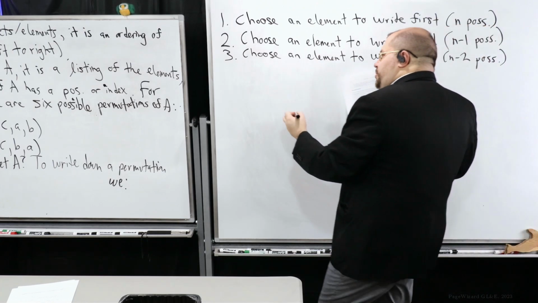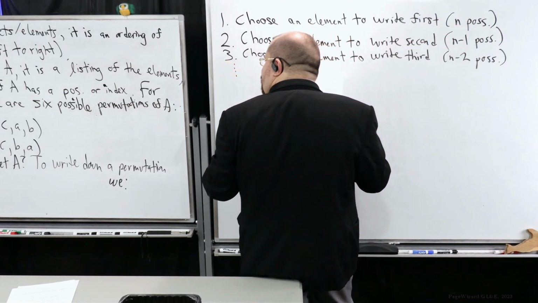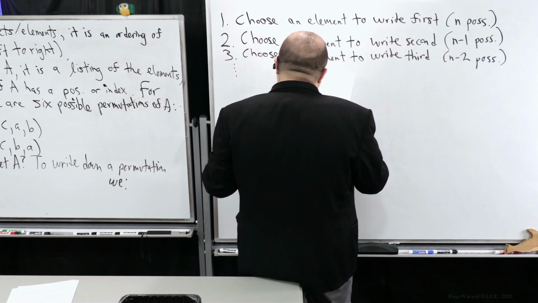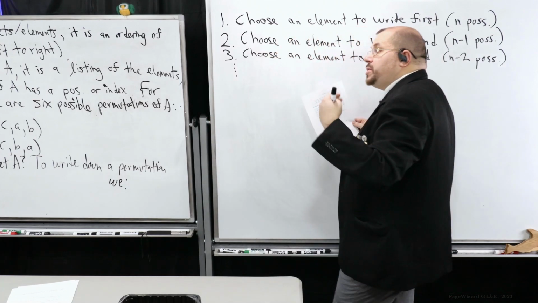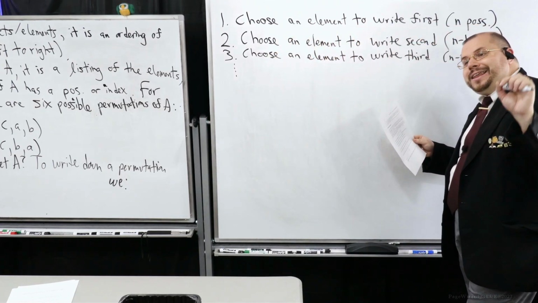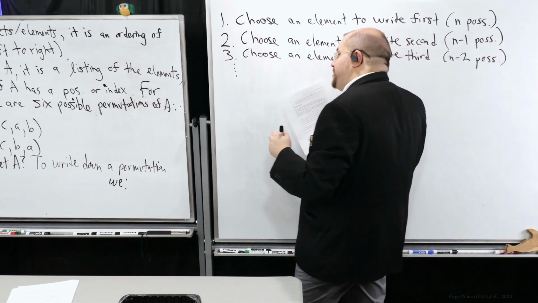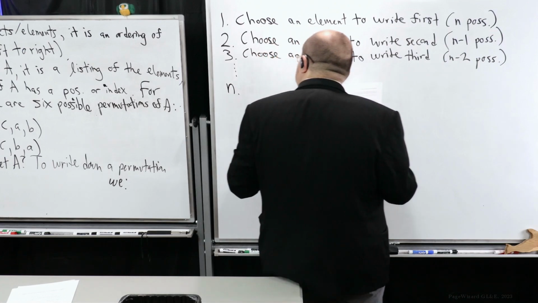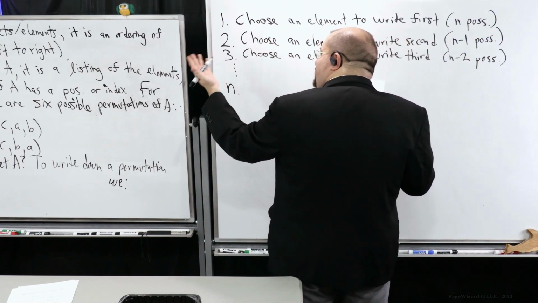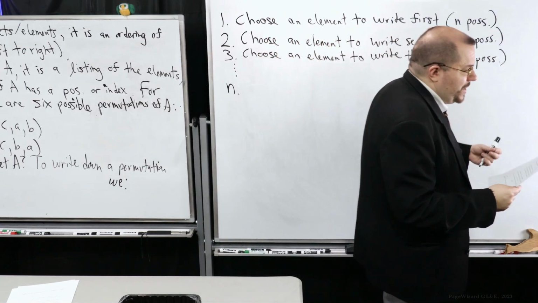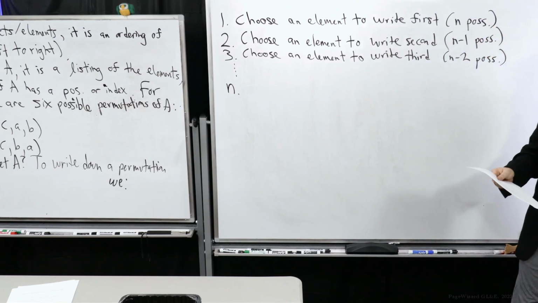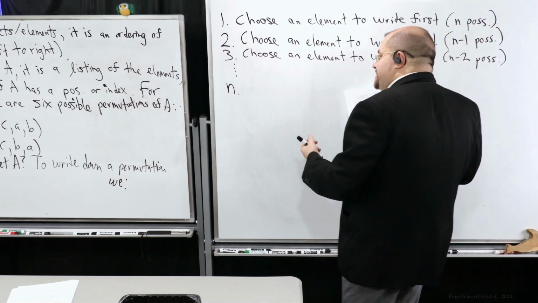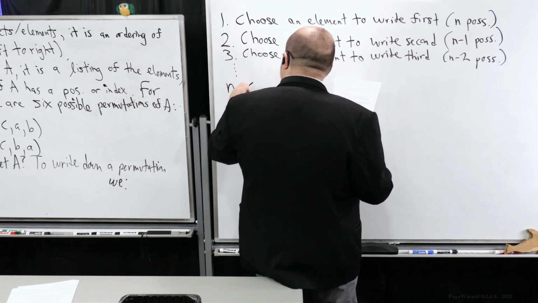And I can keep doing this until I've made my kth choice. Or in our case, we want to know all the possible listings of n elements. Remember, I want to know how to list all of the elements, all the possible orderings. Since there's n elements in the set, I'm going to do this n times.